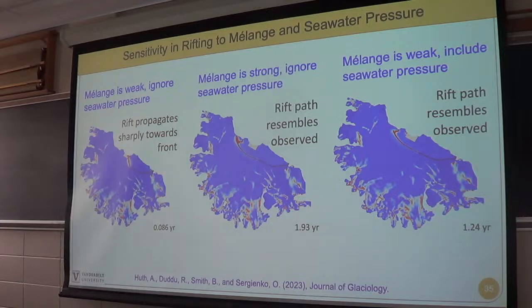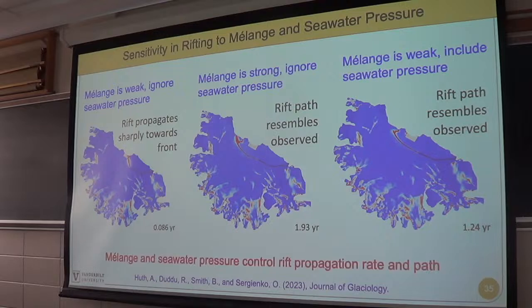So that was the main crux of this paper, that you need to really consider how the rifts are, and not just take them as open cracks. You have to consider that there is seawater pressure in them. Once they open up, water goes in from below, and there can also be melange that refreezes and gives some strength to the fracture in there.